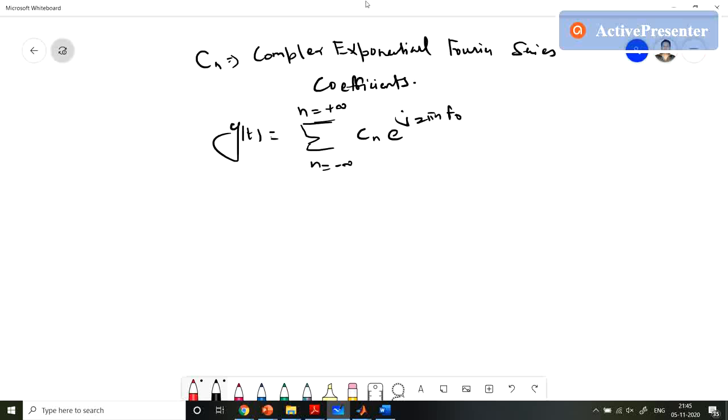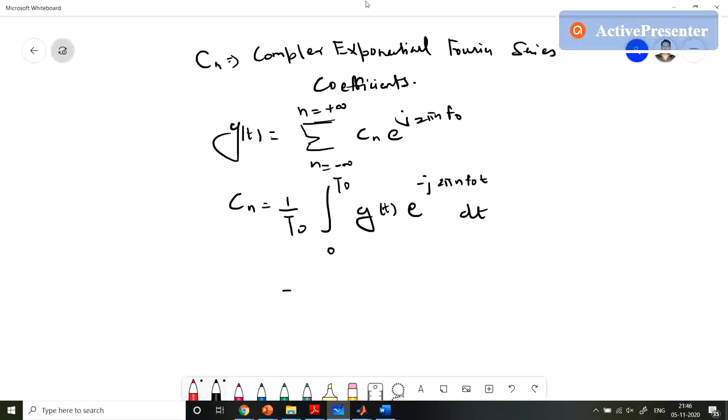So what is Cn? Cn is equal to 1 divided by T naught, integral 0 to T naught g(t) e raised to the power minus j 2 pi n f naught t dt.